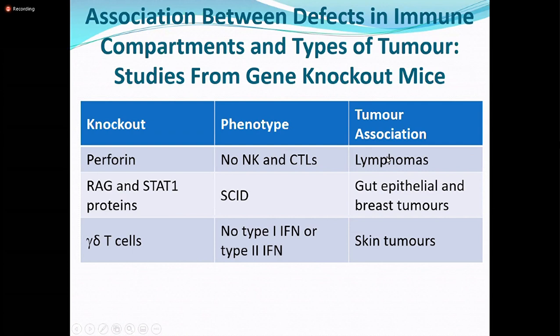with systemic tumors. If we knock out RAG, which remember creates an active functional B cell or T cell receptor, or STAT1, which is an important signal transduction messenger for cytokine receptors, essentially we're creating a severe combined immunodeficiency.